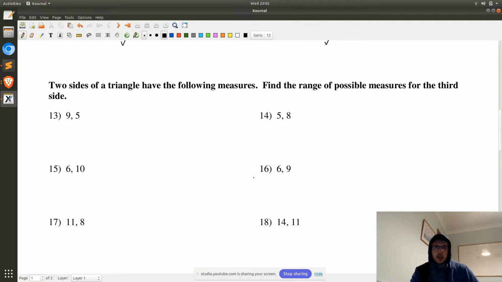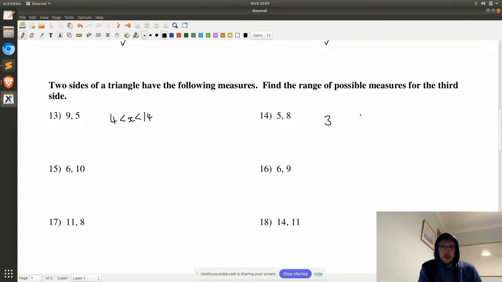Two sides of a triangle are the following measures. Find the range of possible measures for the third side. So the third side of such a triangle, well, it could range from 4 all the way up to 14. But it cannot be those values. It has to be between them, strictly between them.